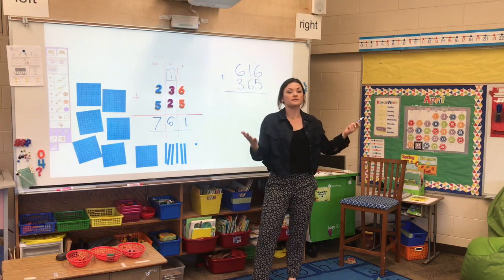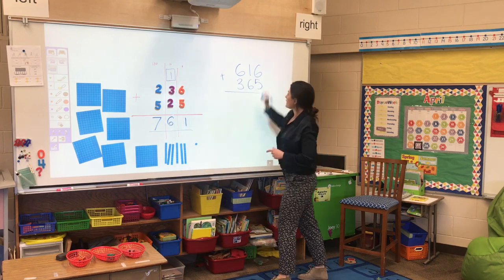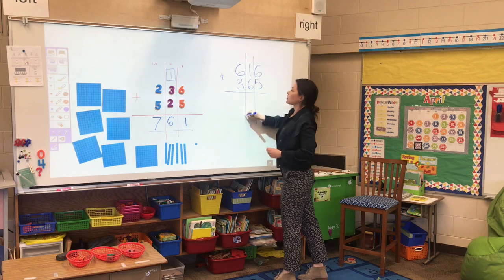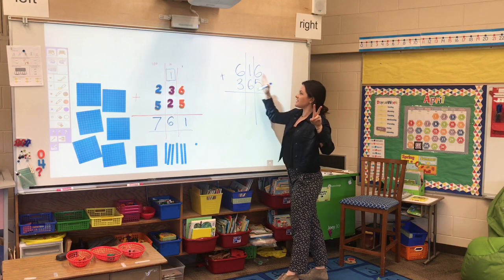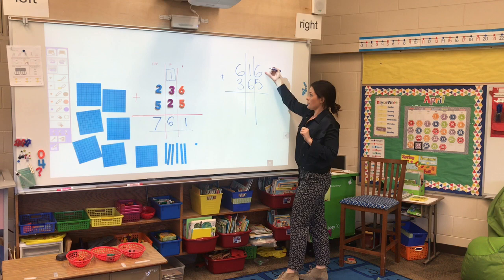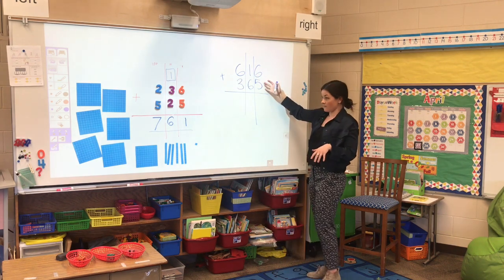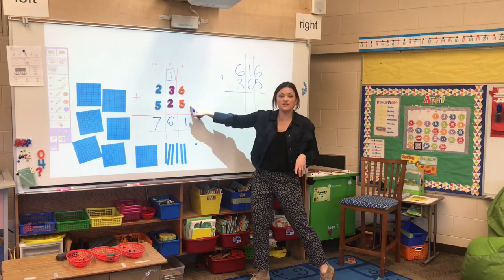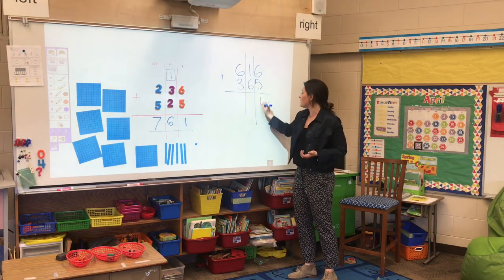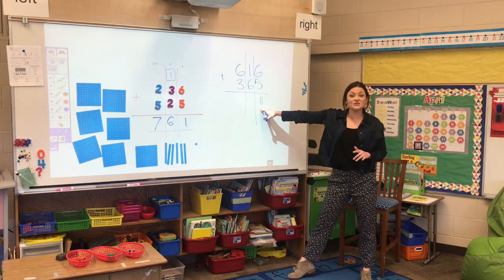Now, in some of your problems, you may not have to carry the 1 and regroup it. Some of them you might. So in this problem, we're going to make sure we draw our 2 lines because we have 3 digits we're adding. And we're going to add the ones, the tens, and the hundreds. So first, 6 plus 5, that's the same thing we did here, equals 11. But we cannot have 2 digits.